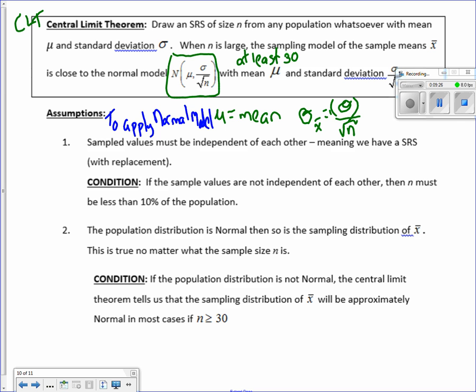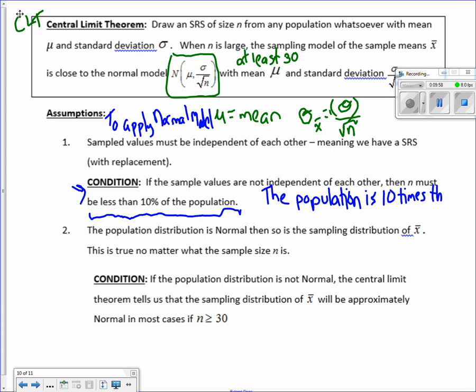If the problem doesn't tell you, then that's where you're going to throw in this condition right here: if we're not told they're independent or a random sample, then your sample size has to be less than 10% of the population, which is also written as the population is 10 times the sample size.